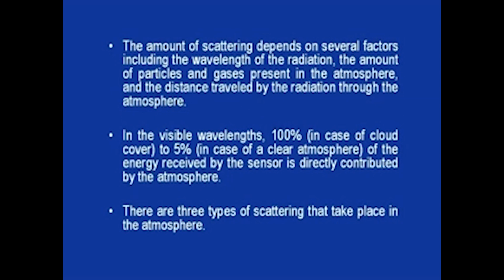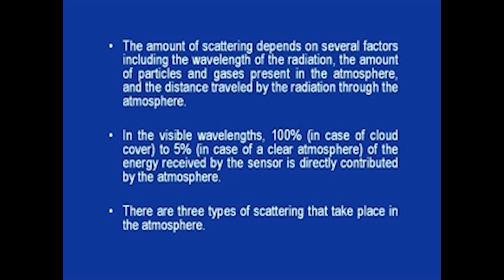The amount of scattering depends upon several factors, including the wavelength of the radiation, the amount of particles and gases present in the atmosphere, and the distance travelled by the radiation through the atmosphere.